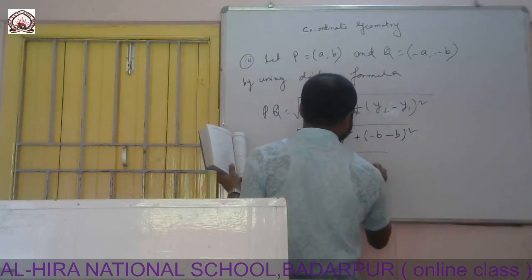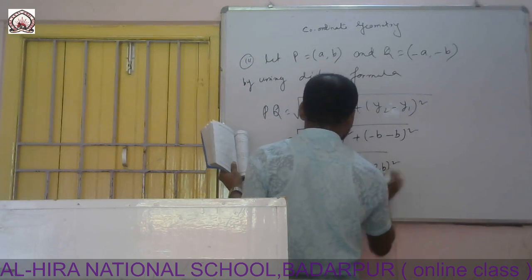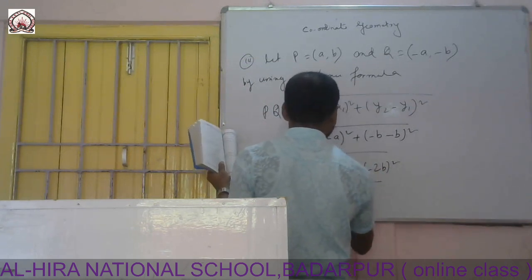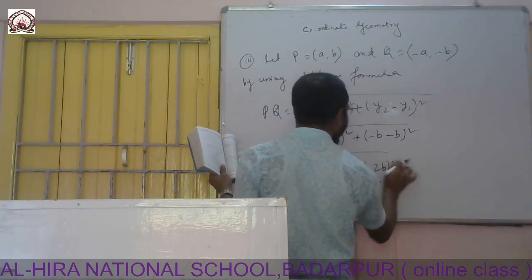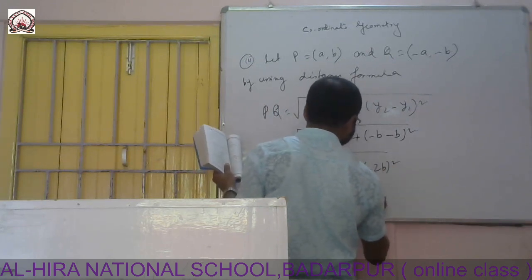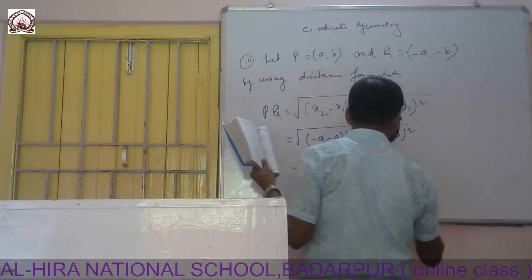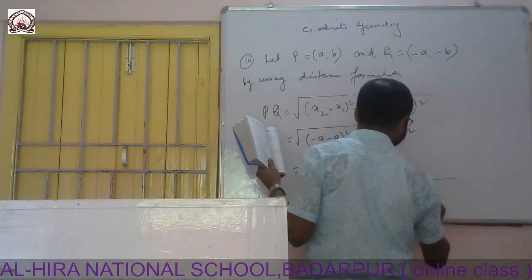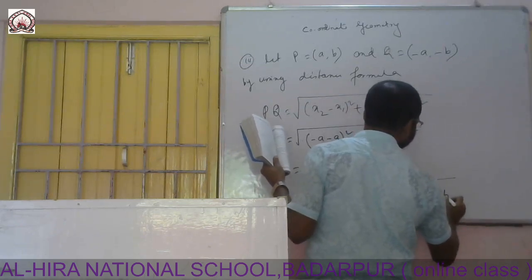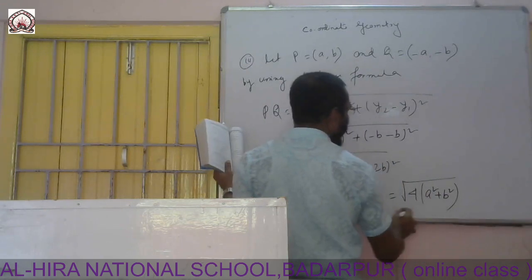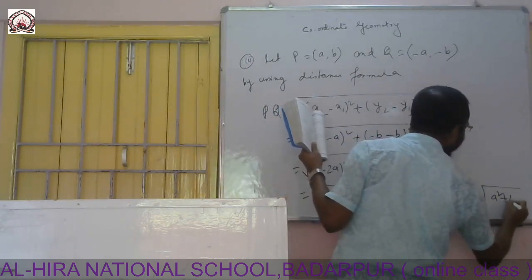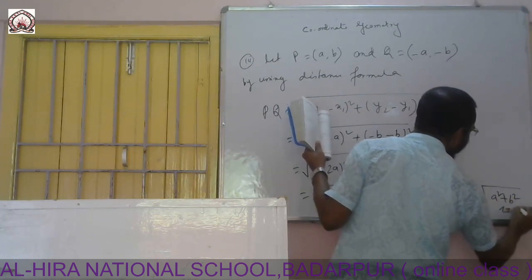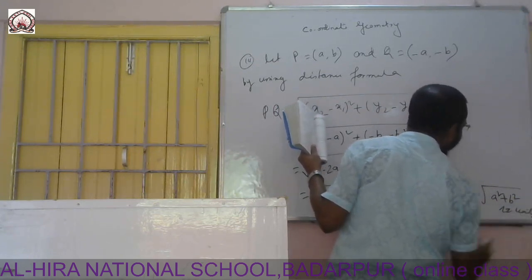Minus 2a whole square is 4a square and minus 2b whole square is 4b square. Taking 4 common, it will be a square plus b square. So taking out 4, this will be 2 into root over a square plus b square square units. You write square units.